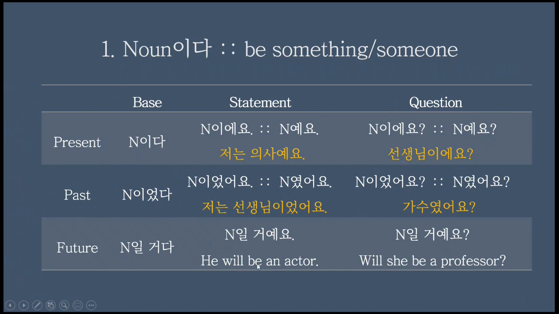So, he will be an actor. He will be an actor. 어떻게 말해요? 그는 배우일 거예요. Very good. If you think about it hard, though, this sentence is not actually a future tense, isn't it? It's more like prediction, guessing, or assumption, isn't it?